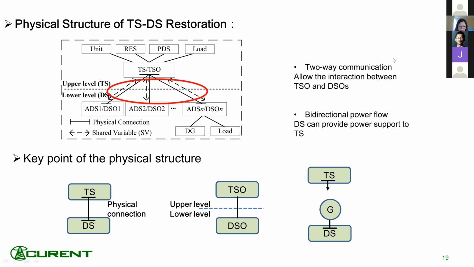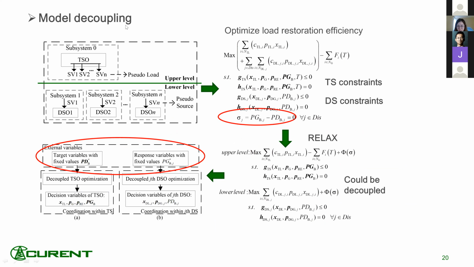Okay, so the key to realize the decentralized scheme is actually the decoupling of the physical structure between the transmission and distribution systems. We do some mathematical transformations to make the original united model into an upper-level model representing the transmission system, and also several lower-level models to represent the distribution systems.